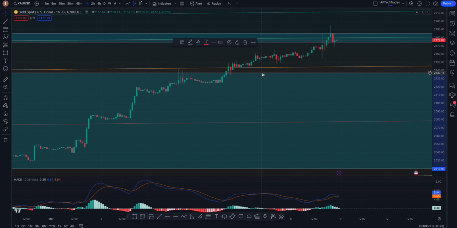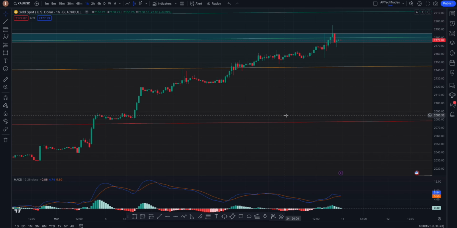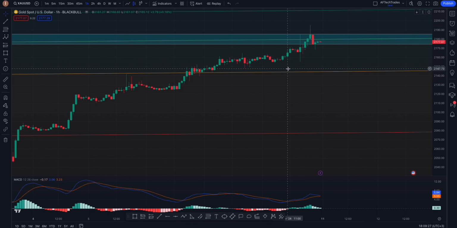I will take it out because I don't need it. I want my chart to be as clean as possible. Now if I look at MACD here, the MACD line is trying to cross over the signal line. You also see that the histogram here is beginning to fade out.